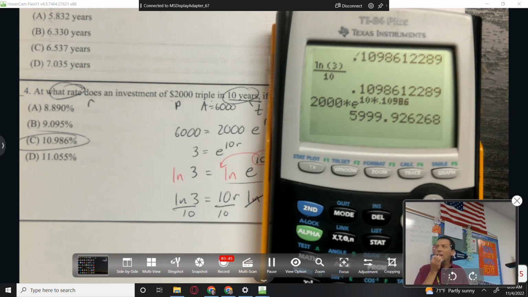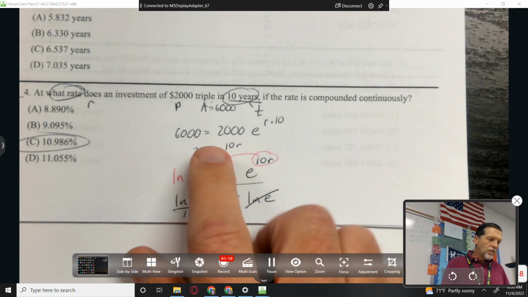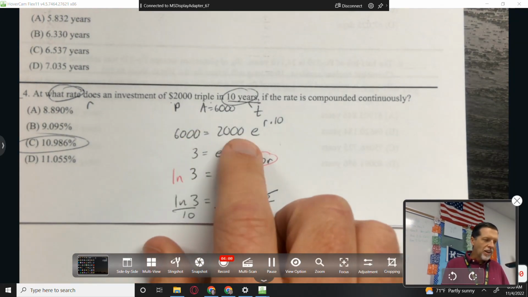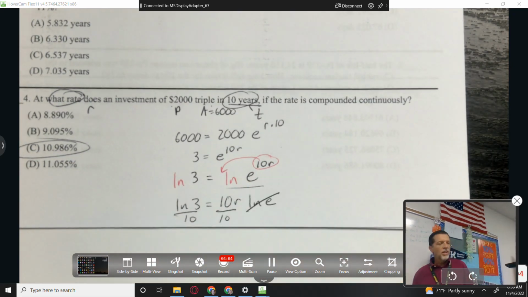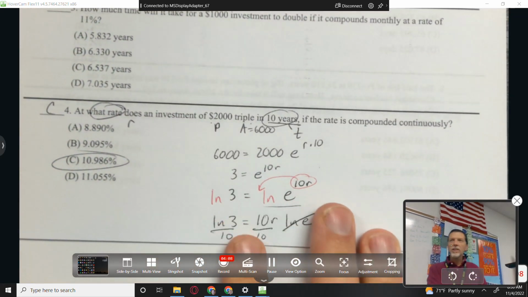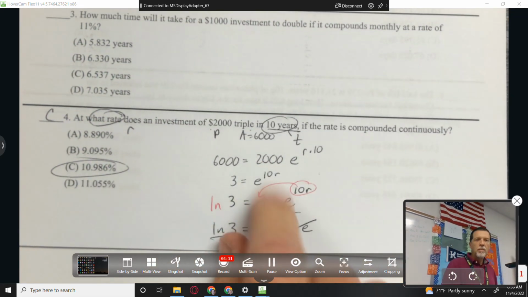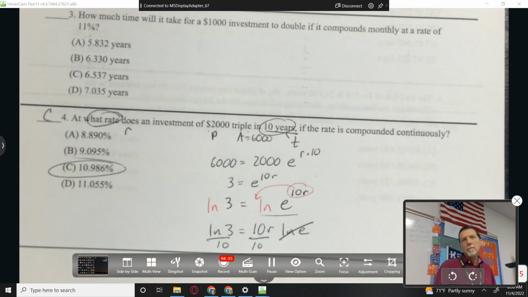You'd have to type that in 3 or 4 times, so I don't know which is faster. And you still have to know which formula to use, how to set it up, where the pieces go. So I don't mind you doing that because there's still a lot of setup before you go grab the calculator, and whether you do it the math teacher way or the see-which-answer-works way, either way is fine.